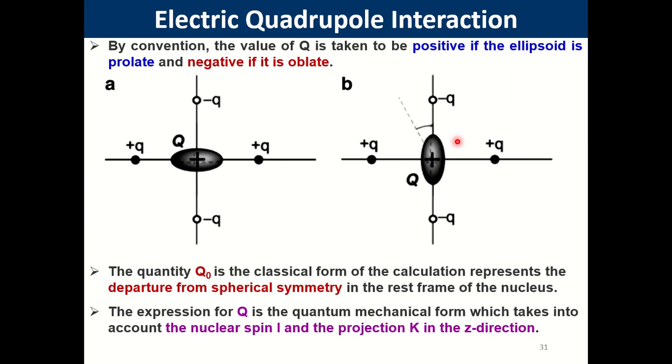We not only need an electric field at the nucleus if we want some interaction, we also need a gradient. There should be a change with respect to the change in the Cartesian coordinates. If that is present at the site where the nucleus is located, then there is going to be an interaction, a change in electrostatic energy. This is an important point we need to consider.